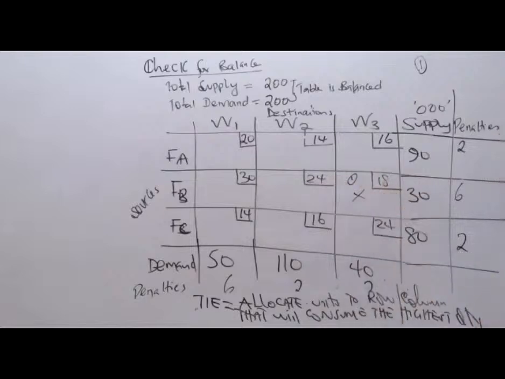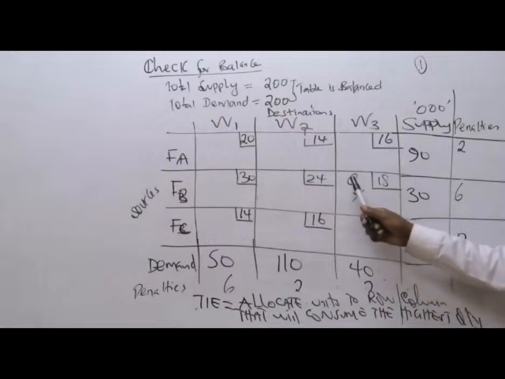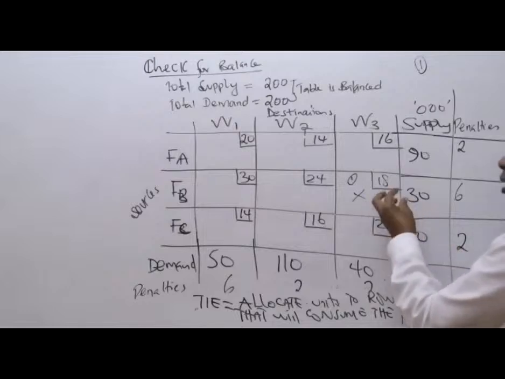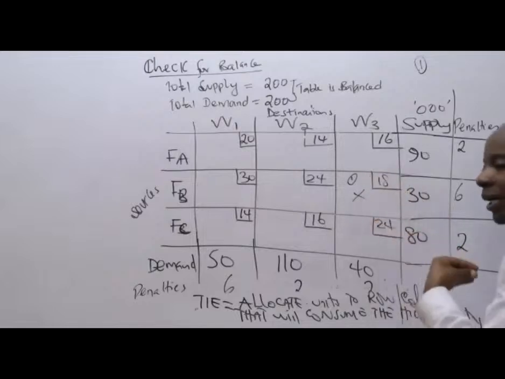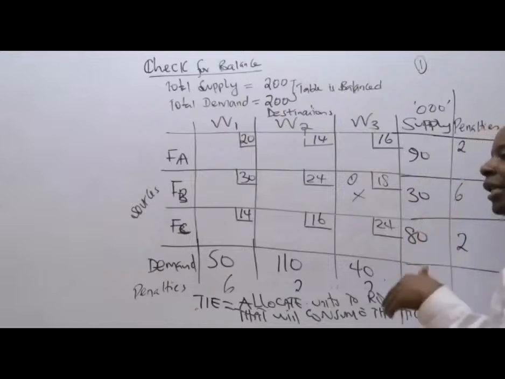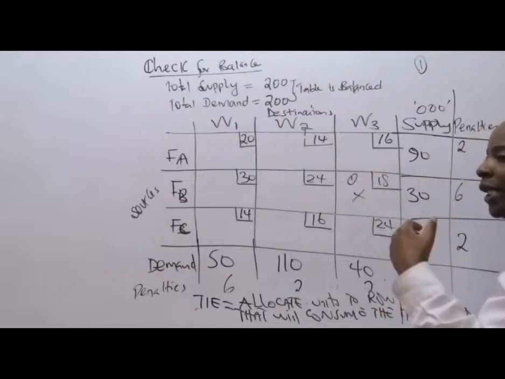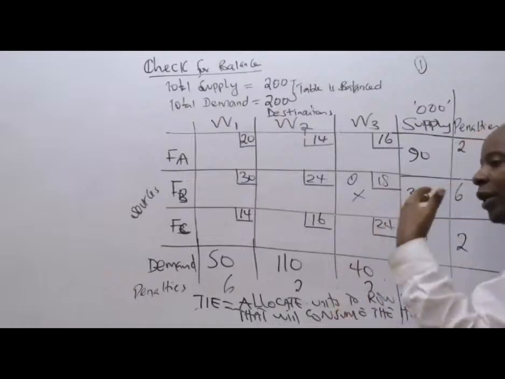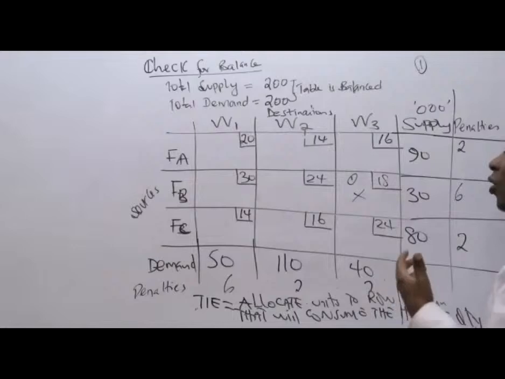So I want to know how many units will be consumed by this cell that I have nicknamed 1. When you look at this particular cell very well, there is what we call supply versus demand. You always compare the 2 and always the lower prevails.